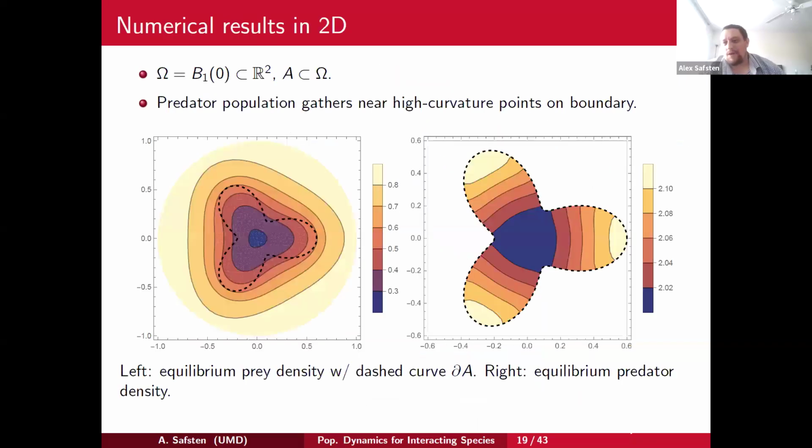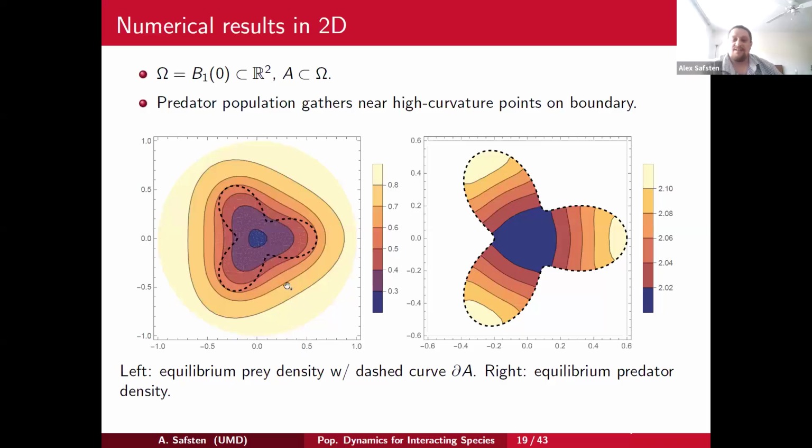We've done some numerical experiments in 2D. This is very much ongoing work. It's a bit more tricky numerically speaking. But this is an example of a 2D solution. In this problem, the predators are occupying a flower, like a 3-petal shape inside the unit disk, and the unit disk is where the prey live.